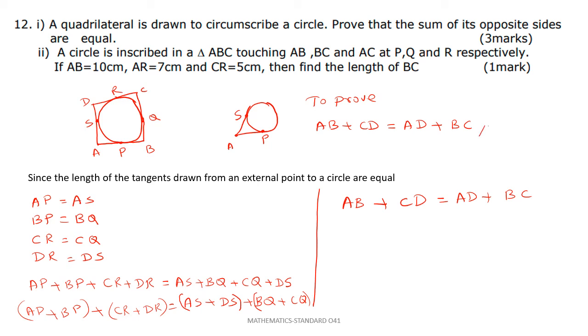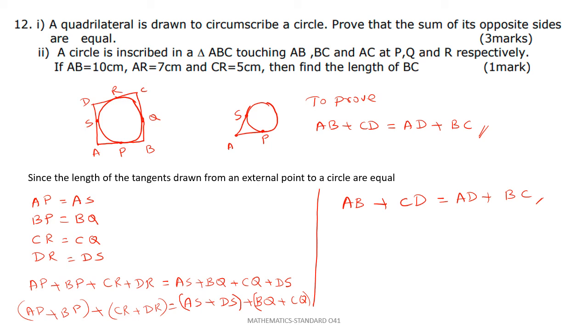So, we proved that the sums of opposite sides are equal. Okay. This is a very important problem, and from this concept you will get either a 3-mark problem or a 2-mark problem. So you have to remember this concept that when a quadrilateral is drawn to circumscribe a circle, the sums of its opposite sides are equal.